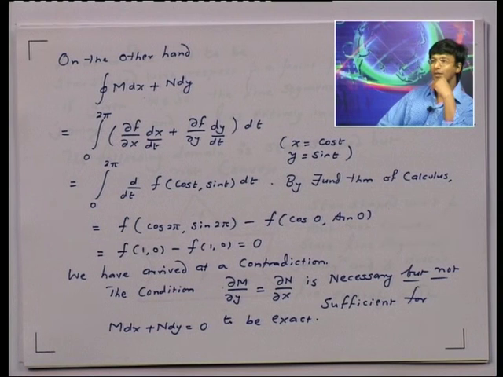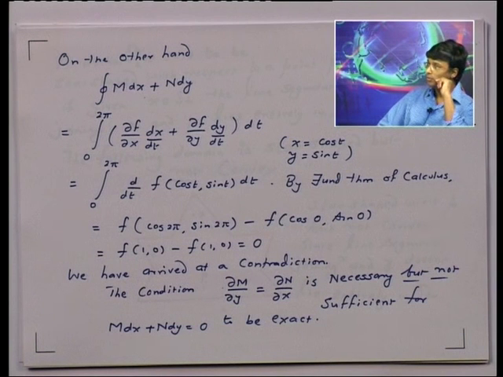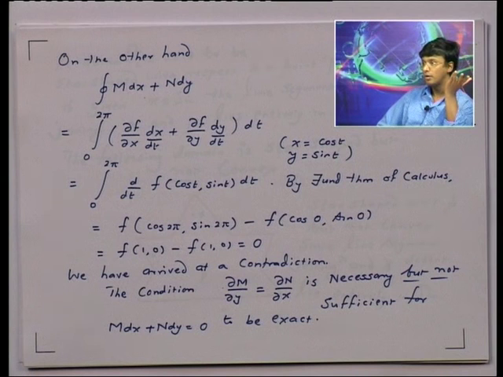The moment you parameterize the curve, dx is going to be dx by dt dt and dy is going to be dy by dt dt. With x as cos t and y as sin t, it is going to be del f by del x into dx by dt plus del f by del y into dy by dt, whole thing dt.